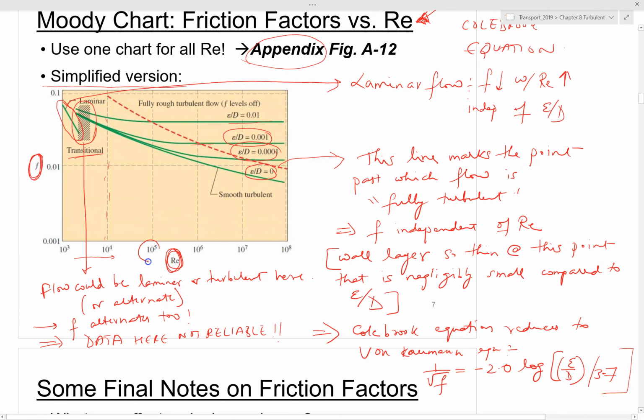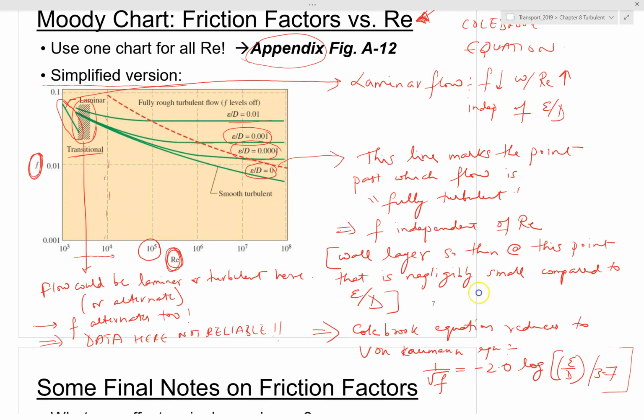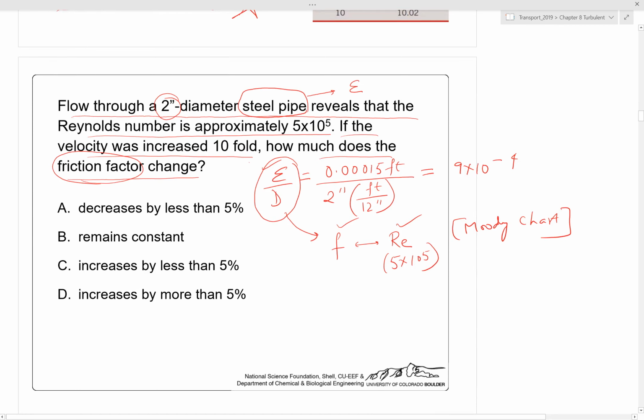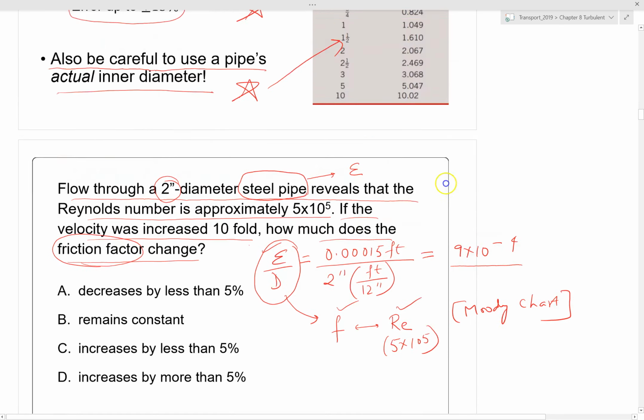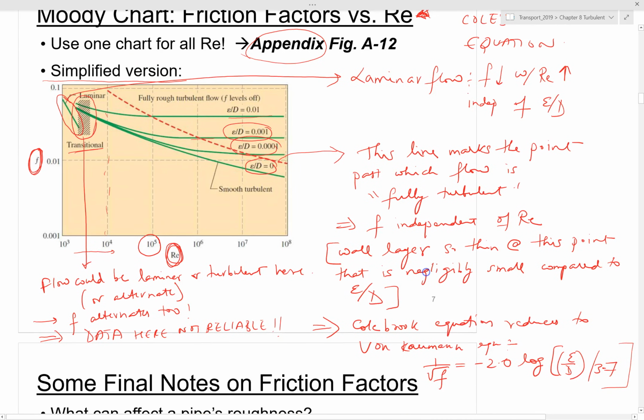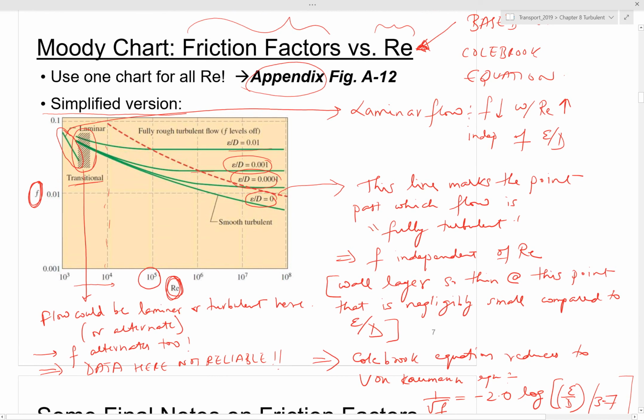Your Reynolds number here is 10 to the power 5, and your E over D value is 9 times 10 to the power minus 4, somewhere around here, so around 0.001, this line.